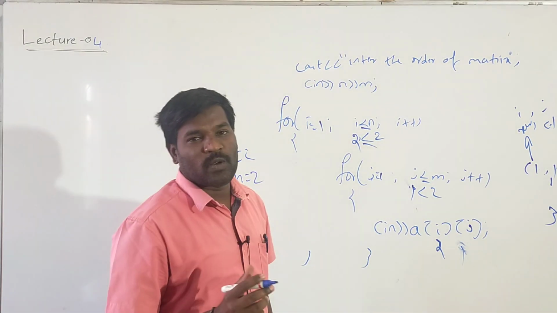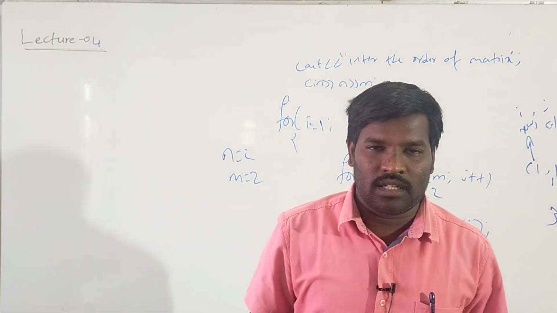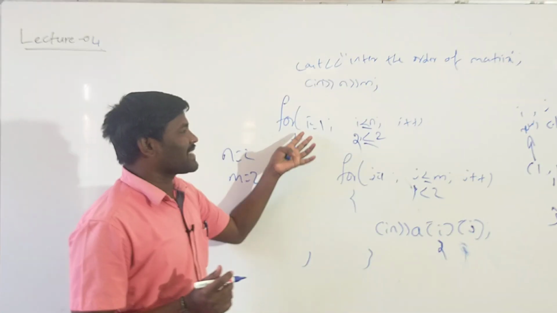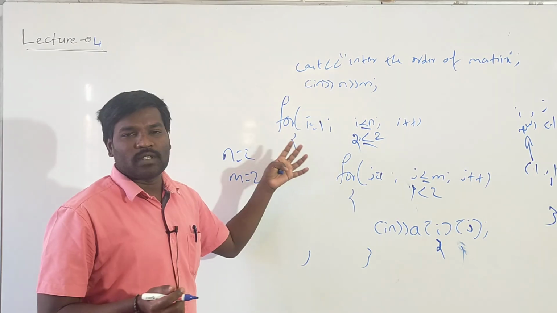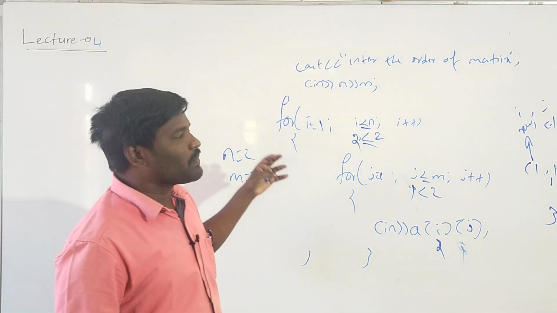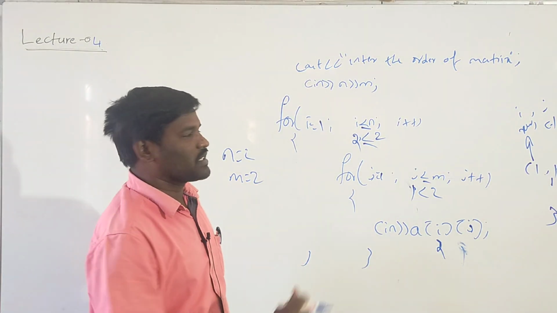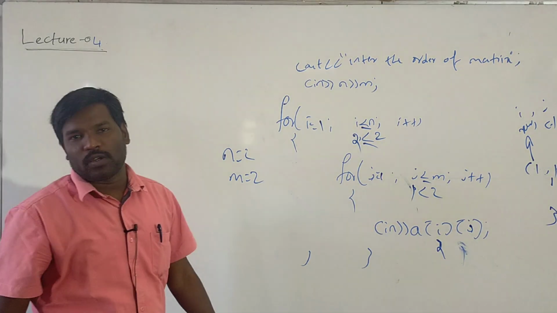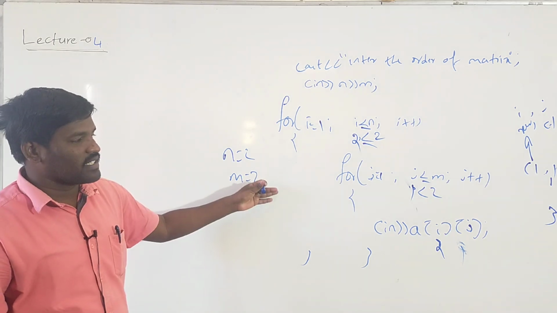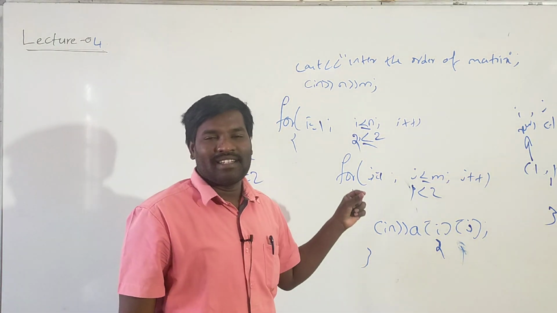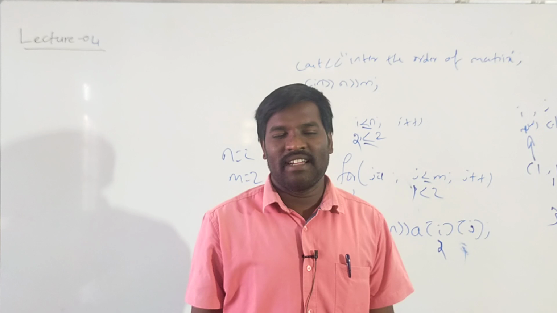With a single for loop it is not possible. So if you want to declare a matrix, compulsorily we use 2 subscripts, and with 2 subscripts compulsorily we use 2 for loops. So this is how to read 2-dimensional array elements.